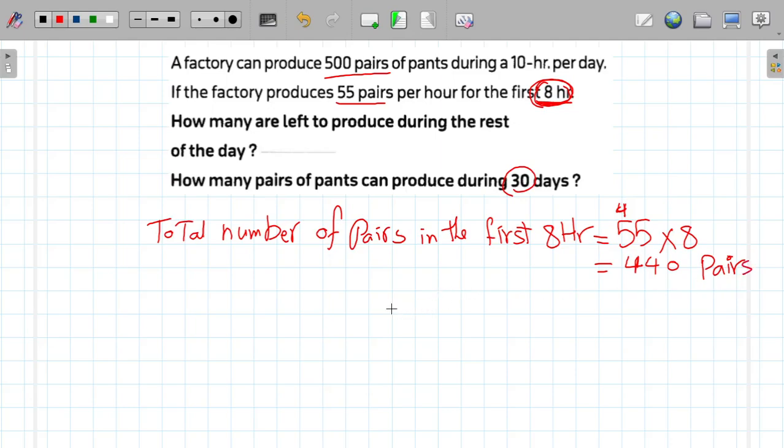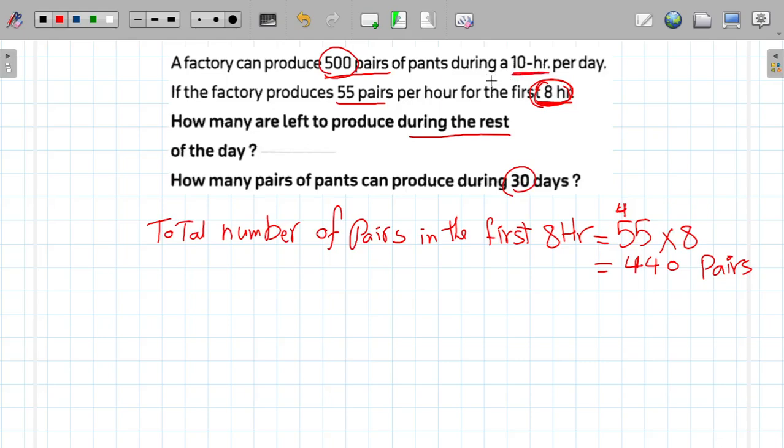Okay, so he wants to know how many are left to produce during the rest of the day. So it can produce 500 pairs in 10 hours.